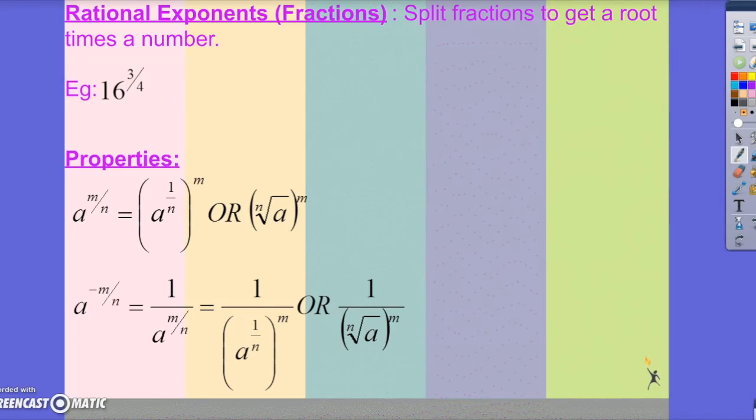So the next thing we'll talk about is rational exponents. Rational exponents are fractions, and I split the fraction to get a root and a power. So if I am telling you 16 to the 3/4, this number, the 3, is your power. Then the 4 is your root.